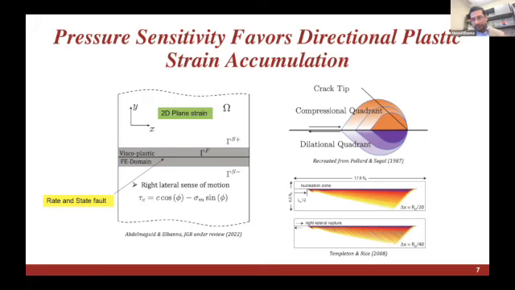And when the yield surface or the strength is pressure dependent, then this means the upper quadrant, which has more compression, would be stronger, and the lower quadrant would be weaker in some sense and more prone to the accumulation of plastic strain.